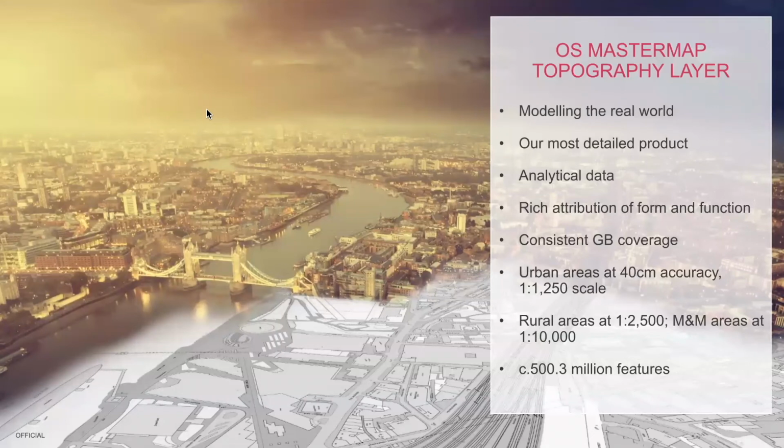Cool. So for those of you who are unfamiliar with Toppo, Mastermap Topography Layer is, I guess the best way of describing it, the truest digital representation of the real world, and potentially probably the most detailed that's available in the market at the moment.